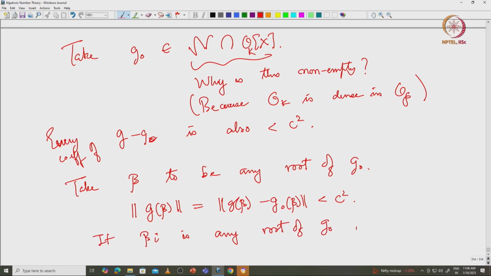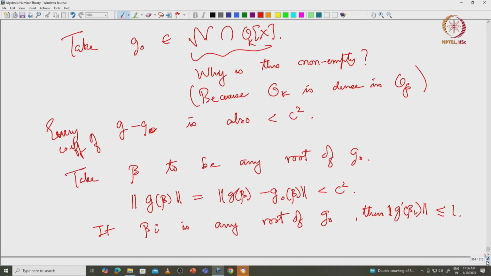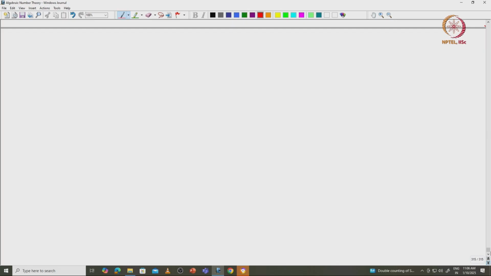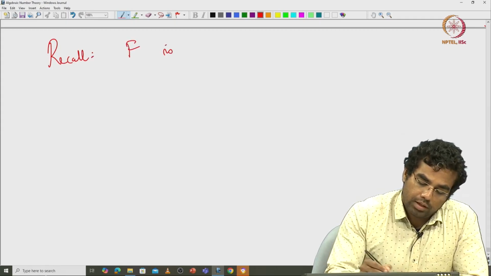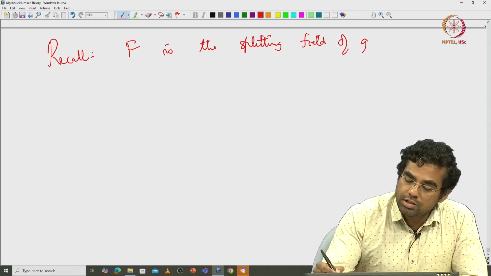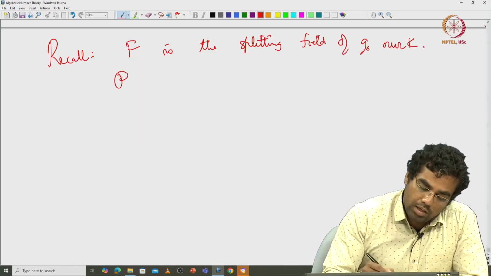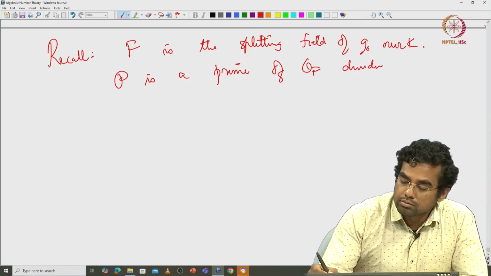Right. Okay. So, if beta i is any root of g 0, then g prime of beta i satisfies that the valuation is less than or equal to 1, as this is in O_p. Remember, recall f is the splitting field of g 0 over k, and p is a prime of O_f dividing small p.